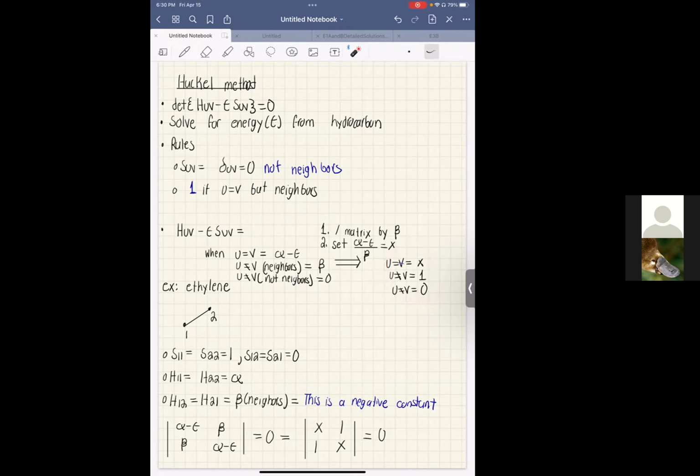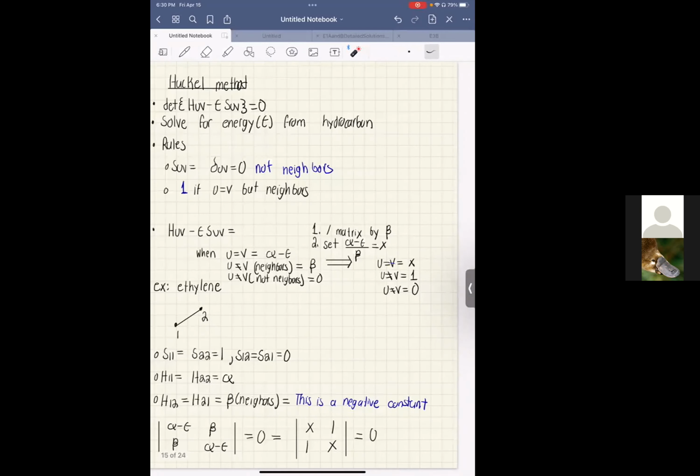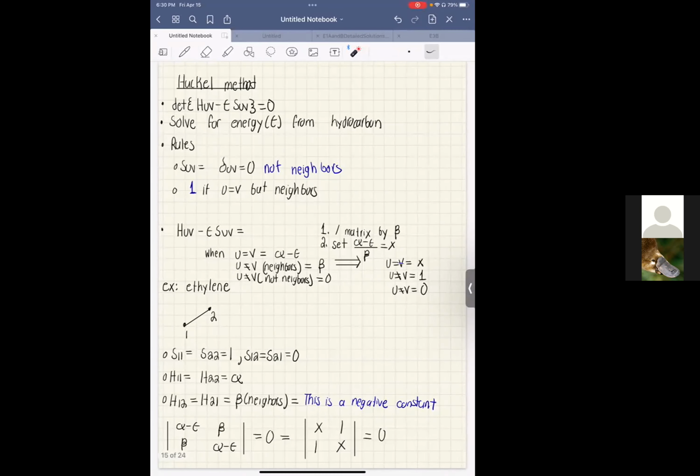So if they're on the same atom, X. If they're not on the same atom but are neighbors, 1. If they're not on the same atom and not neighbors, 0. How I'm talking about this is a little confusing, but it makes much more sense in the example right here. Let's say we have ethylene. S11 looks at atom 1 to atom 1, so it equals 1, and the same for S22.